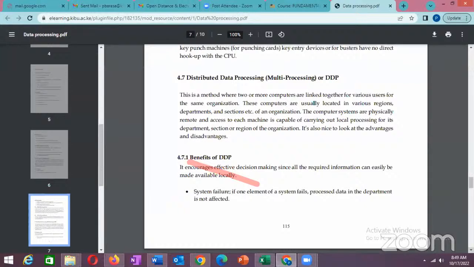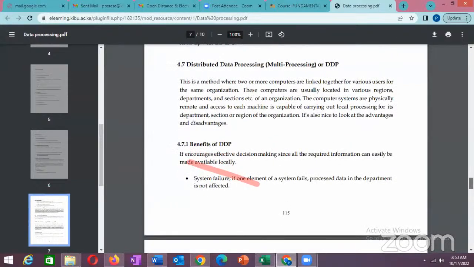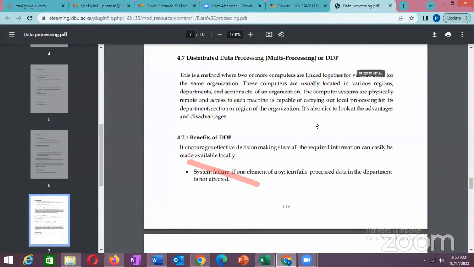It's also nice to look at the advantages and disadvantages. So when we talk about distributed data processing, what could be the advantages and disadvantages? This is a question I'm quickly posting in the forum.